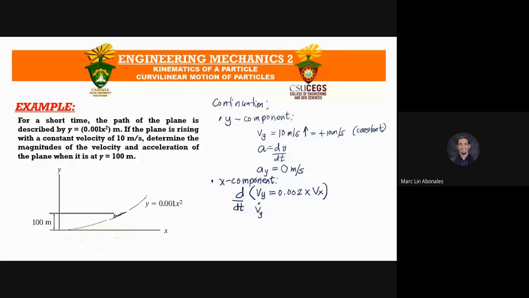So we say Vy dot, that is the derivative of your velocity with respect to time, which is equal to the acceleration, the y component of your acceleration, and equal to 0.002 xvx.